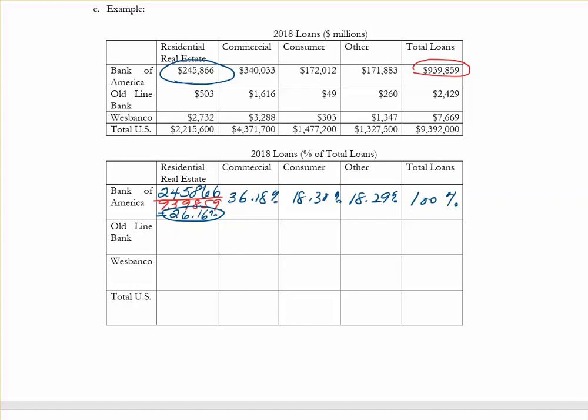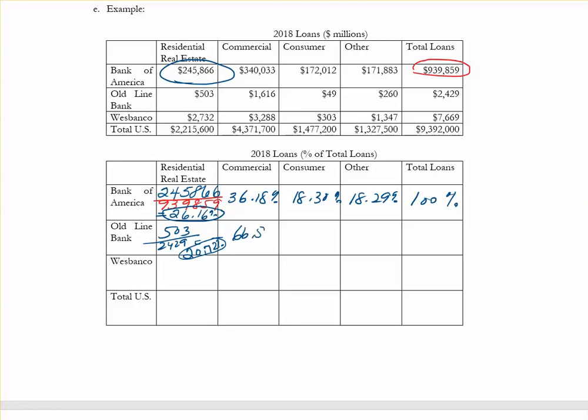So to explain the concept, though, I'm just giving these very broad categories. The management will know much more detail. And now we'll do the same thing for Old Line Bank. We'll do 503 divided by 2429. And Old Line's investment in residential mortgages is 20.72%. And then we do 1.6 billion divided by 2.4 billion.